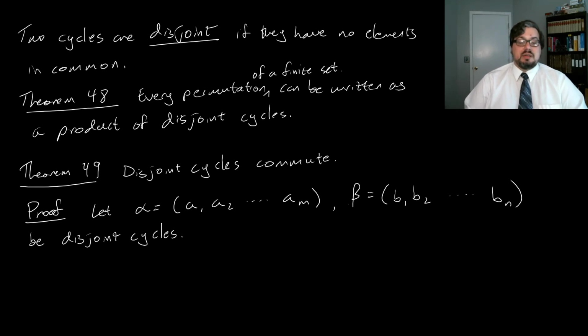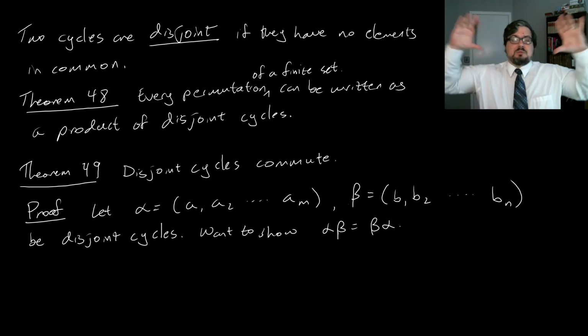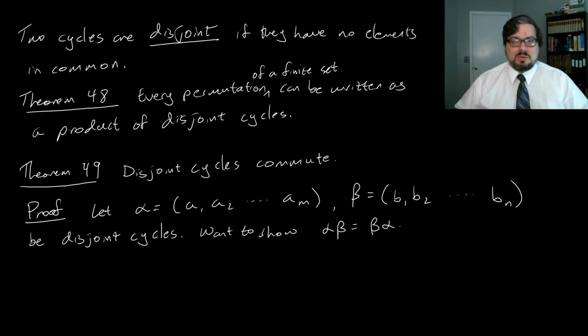And we want to show that alpha beta is equal to beta alpha. Now, one way of doing this would be to show that they have the same description in terms of the big grid that we had before, but that's really sort of unwieldy. Remember that even though we're writing down alpha and beta in terms of these cycles or these grids, at the end of the day, they are still functions.